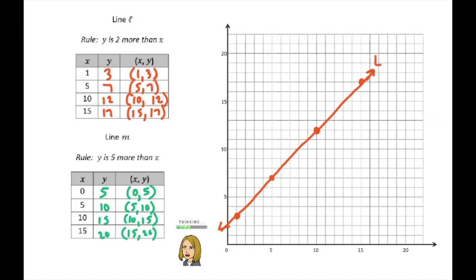Now I'm going to plot all of my points, and then we're going to discuss what is the comparison and what are some contrasts between the two lines. And then I'm going to connect and label. Make sure that your lines look very similar to mine.